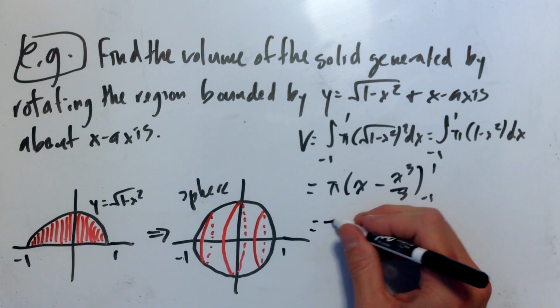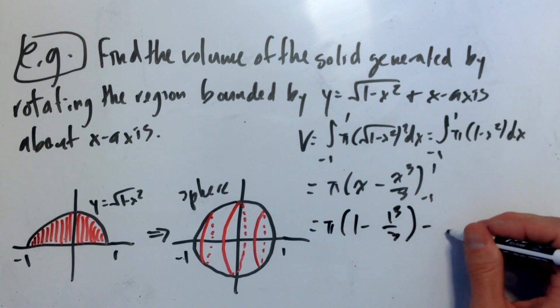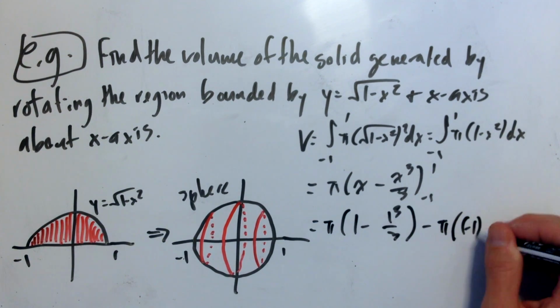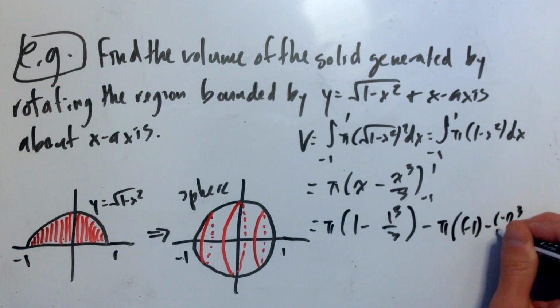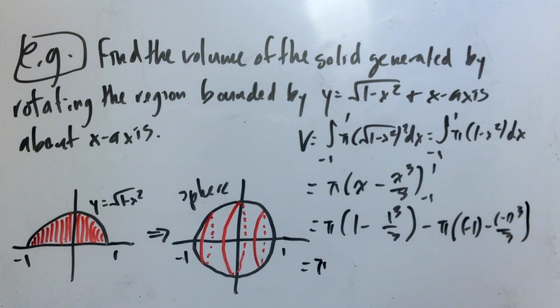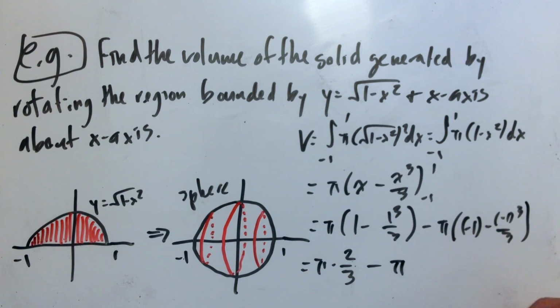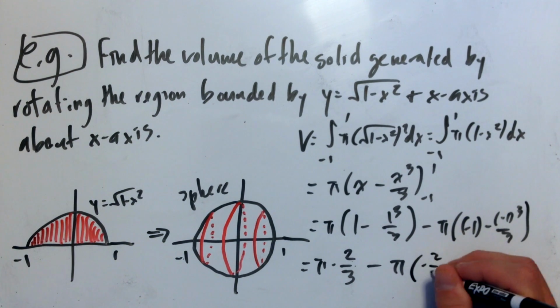I'll plug in. I get pi times 1 minus 1 cubed over 3, minus pi times -1 minus -1 cubed over 3. This gets us pi times 1 minus 1 cubed over 3, which is 2/3, minus pi times -1 plus 1/3, which is -2/3.